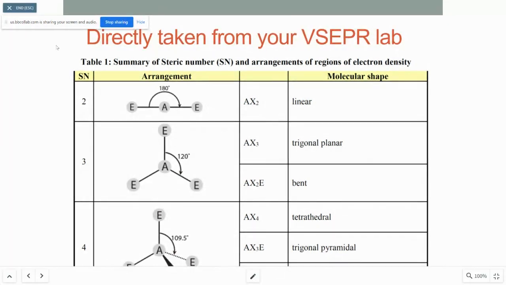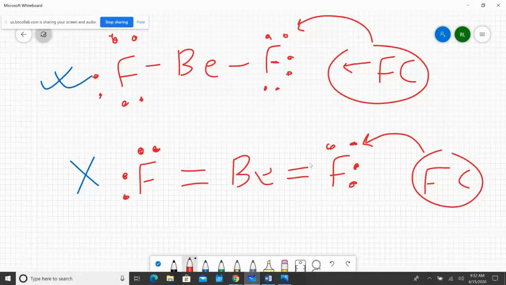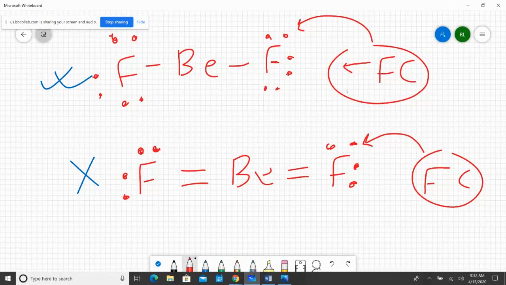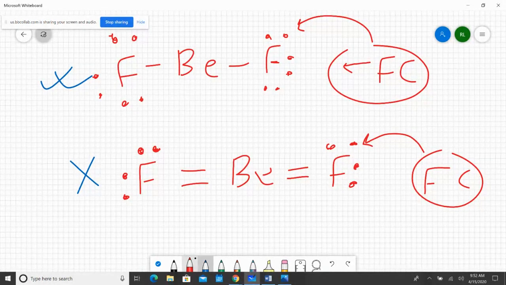To use this example, let's say I drew the structure of a molecule, which I have right here, and I said that BeF2 looks like this, the one on the top. Now, if I write the notation, my central atom is beryllium, so I'm going to denote that by A, and my terminal atoms are two fluorines. That means I have two of those. That's why AX2.